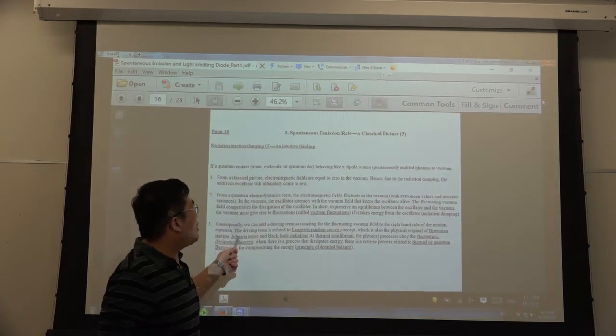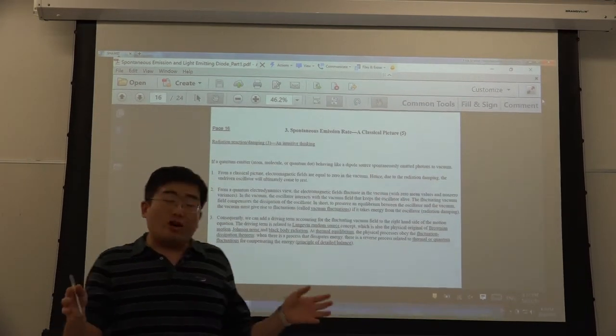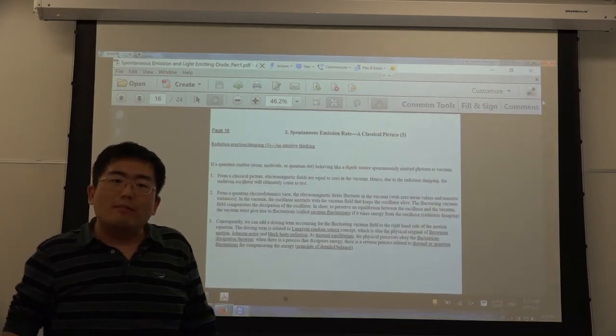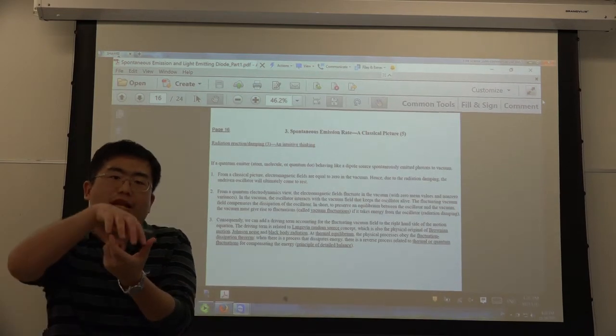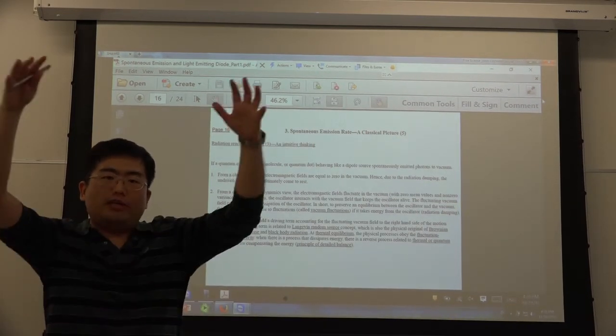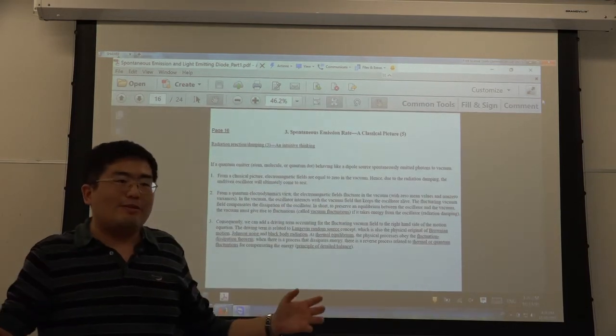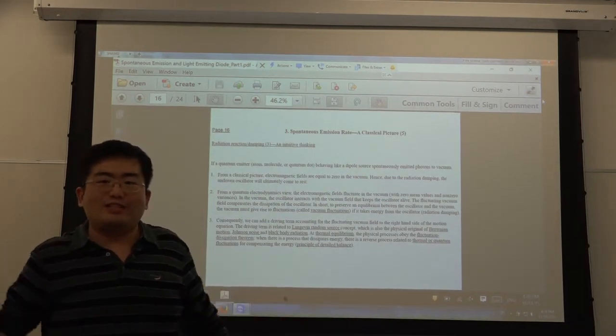Another is Johnson noise. When you measure any device, you see the noise, because the resistance absorbs the electromagnetic wave. They absorb, they also emit, and they balance each other, similar to a black body. You see this fluctuation current.